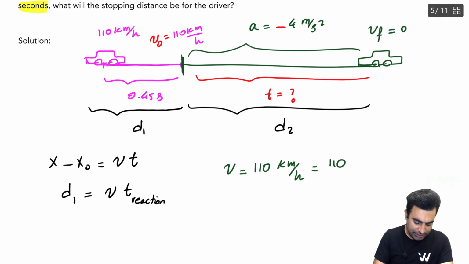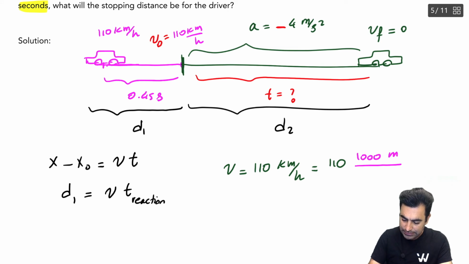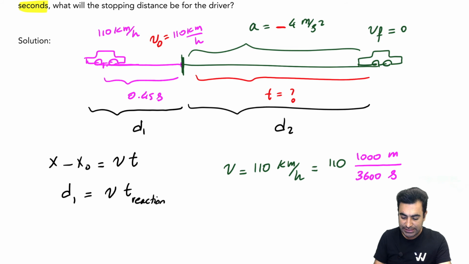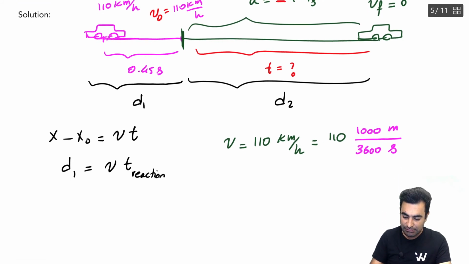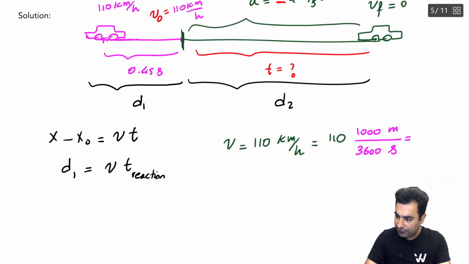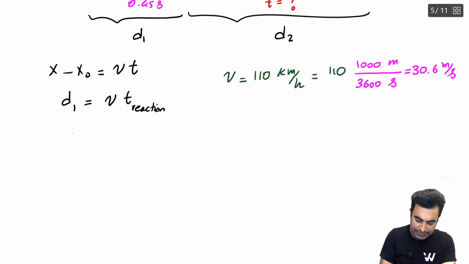So I'm going to consider each kilometer to be 1,000 meters and each hour to be 3,600 seconds. If I multiply 110 by 1,000 over 3,600, I can find velocity in meters per second. The number I have for this is 30.6 meters per second.